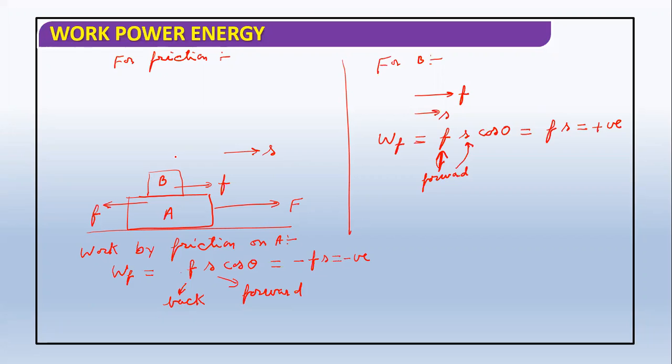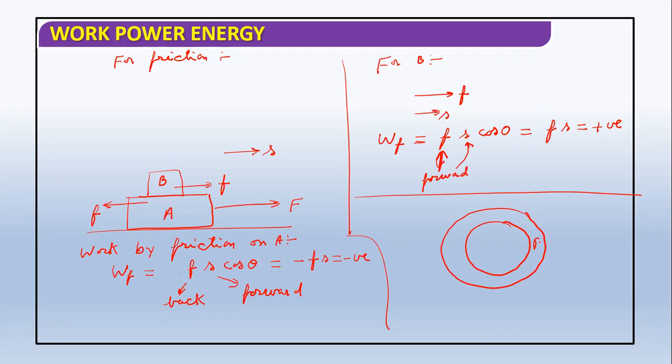Okay, there are some other cases in which work done by friction is zero as well. In what cases do you have zero? Suppose a car is moving on a circular road. The centripetal force is provided by friction, but the displacement is in this direction, and the centripetal force is towards the center.